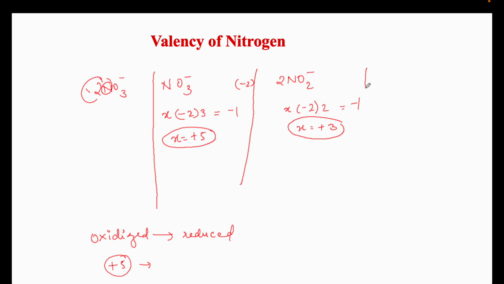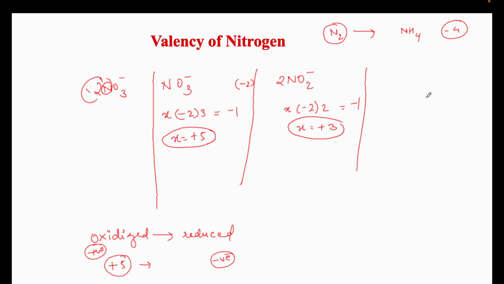The valency of nitrogen will be 0 in the elemental form. And in ammonia, what will be the valency? It will be -3, sorry, -4 as per the lecture. So in the reduced state it will go to negative, whereas in the oxidized state it is positive. The valency goes from positive to negative as it is getting reduced.